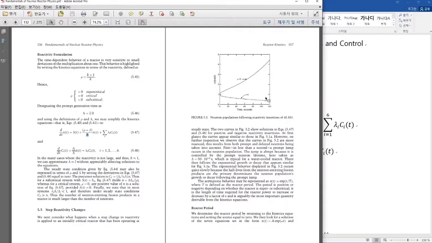So we basically assume that the neutron density N(t) and all C_i(t) have this form of exponential function.